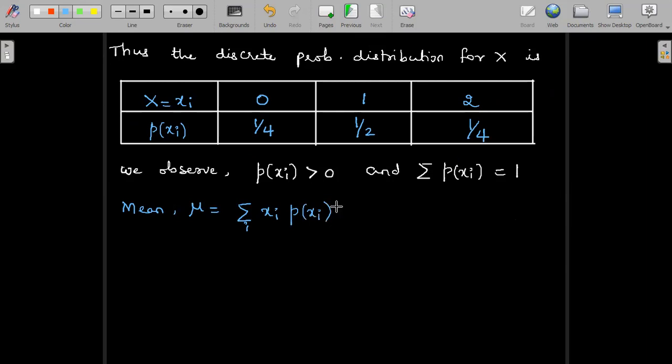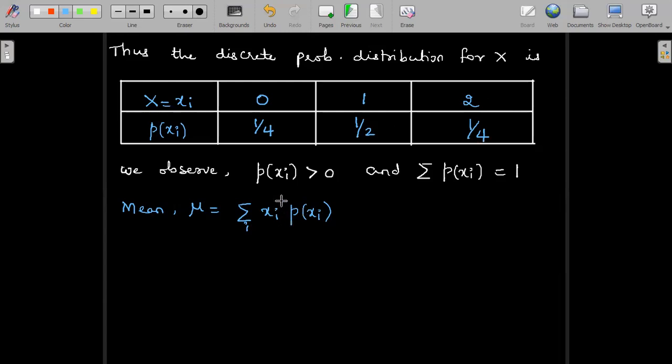We have to multiply the terms; we need to obtain the product of xi into its probability. So xi is taking 0, 1, 2. When we multiply 0 with its probability, that is 1 by 4, plus, we have to sum it up, 1 into 1 by 2 plus 2 into 1 by 4.